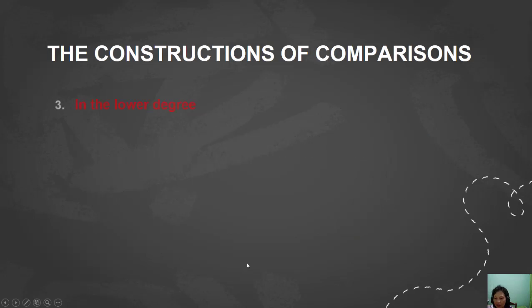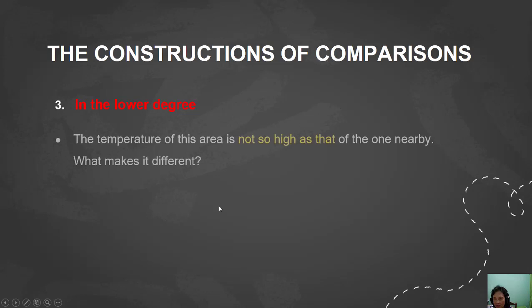Okay, and then the next is in the lower degree. The temperature of this area is not so high as that of the one nearby. What makes it different? You can use this kind of construction, not so high as, not so or not as.